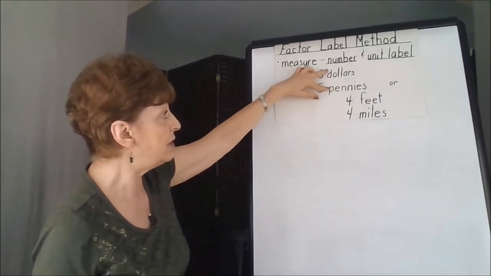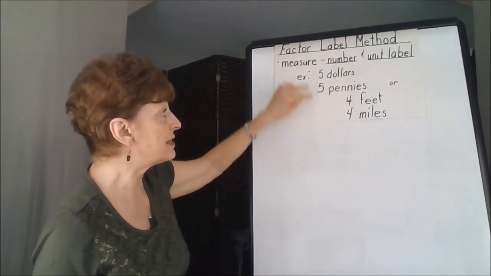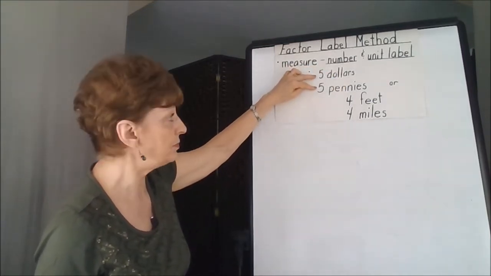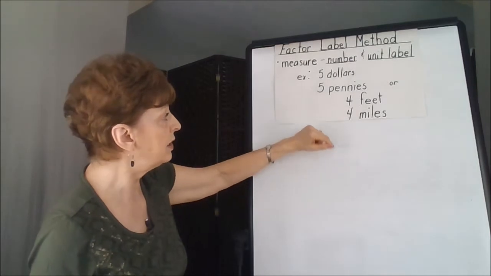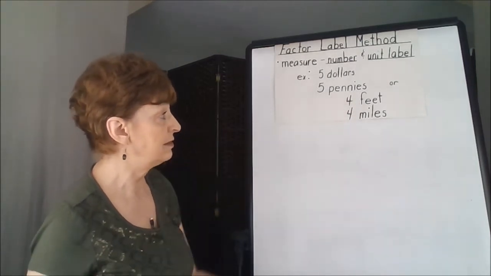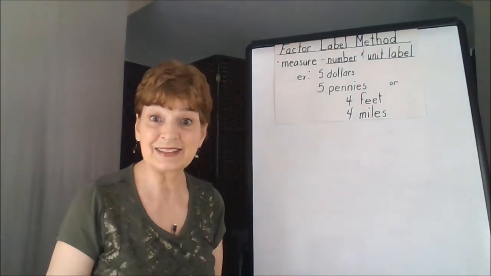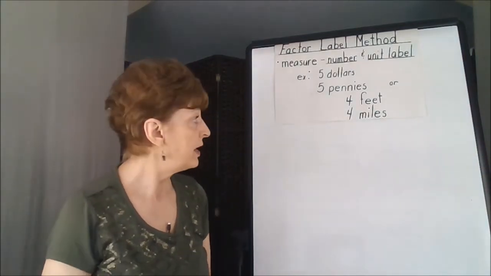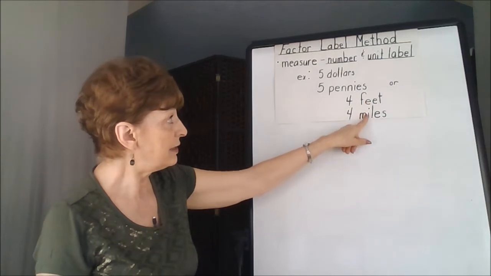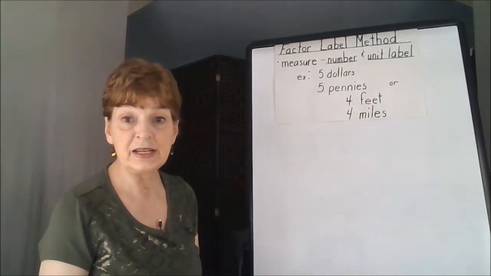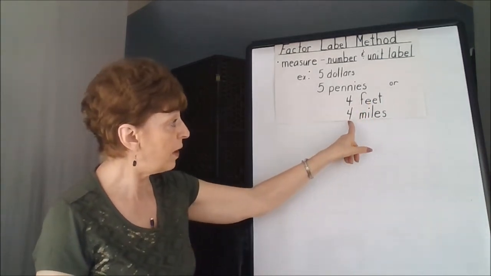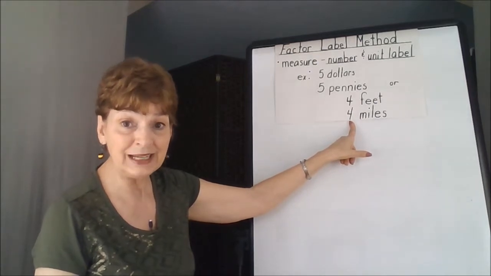So the unit label tells us something about these 5s. Here's another example. 4 feet, 4 miles, that's like to the store. So the unit labels need to be connected so you know what the numeral means.